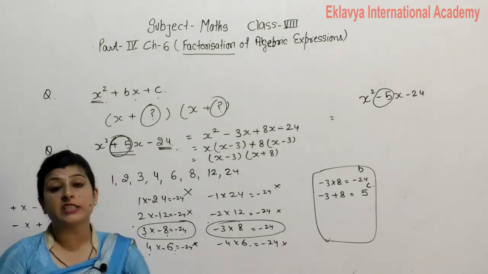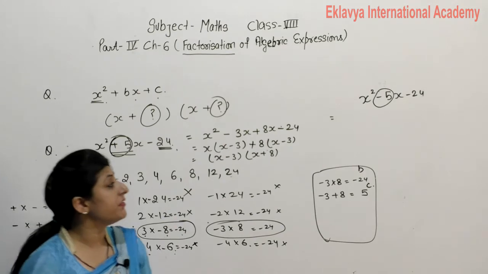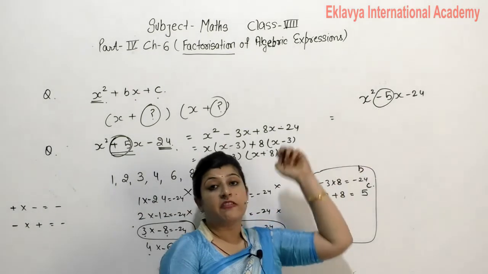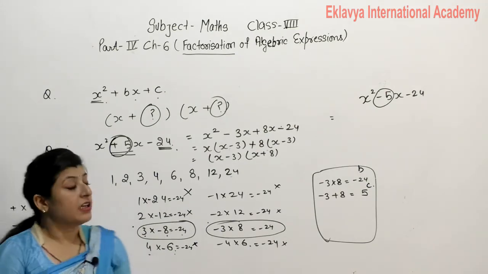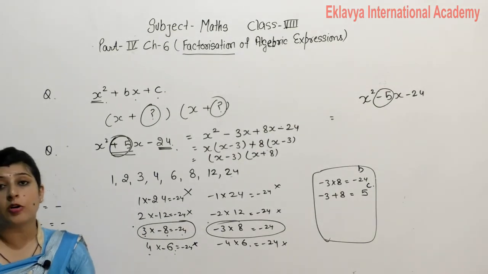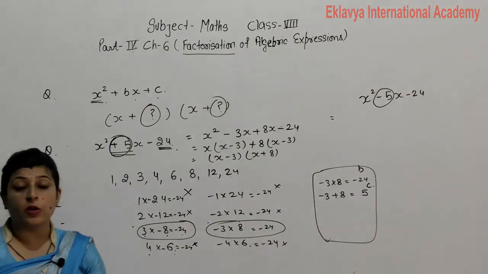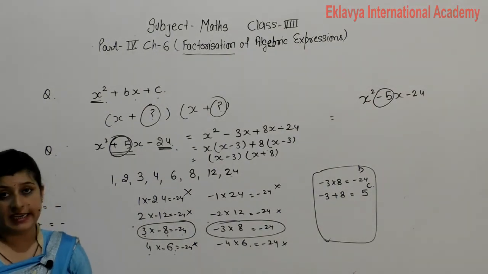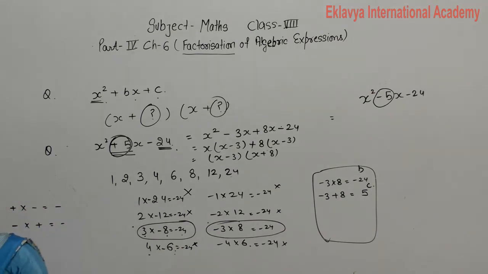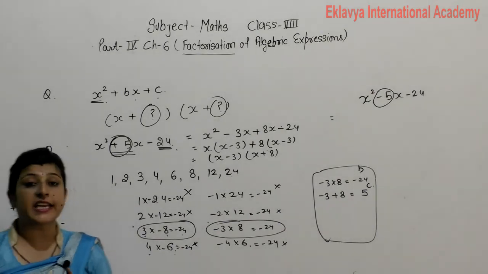Whether the smaller value or the greater value is positive, we will decide by this sign. We want the value to be negative, so between both values, the smaller value should be positive and the greater value negative. Then if we add these two terms, we will get the negative answer.